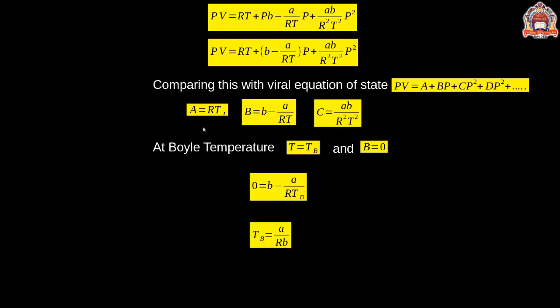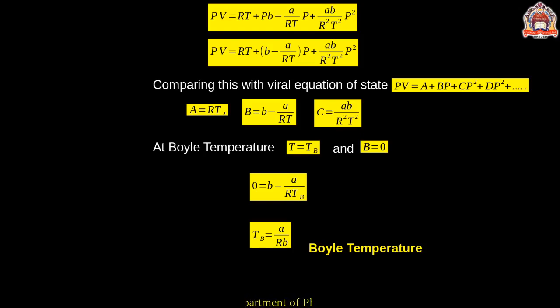Then we get TB is equal to, R goes to this side, A by RB, and this is the Boyle temperature. So this equation gives the value of Boyle's temperature for all gases obeying van der Waals equation of state.